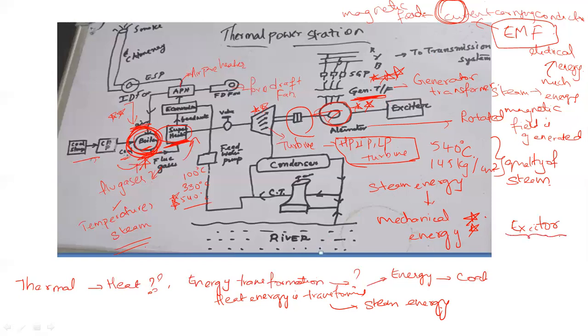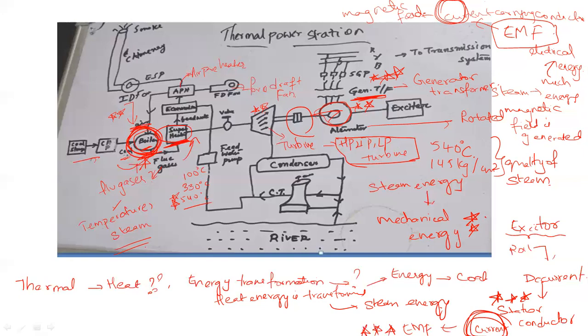That means we have to roll the exciter and produce the DC current. This DC current is given to the conductors, and Faraday's law will be fulfilled. That means when current carrying conductors are placed in a rotating magnetic field, they will produce the EMF across the stator conductor. So this will be done in three phases.